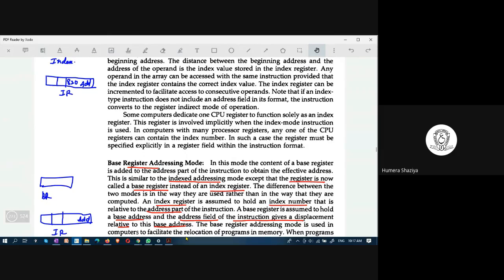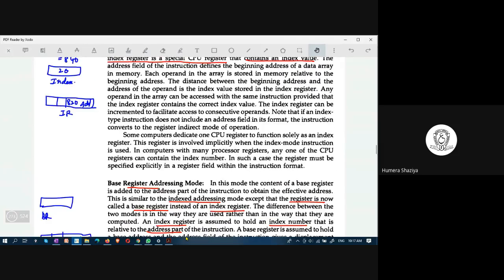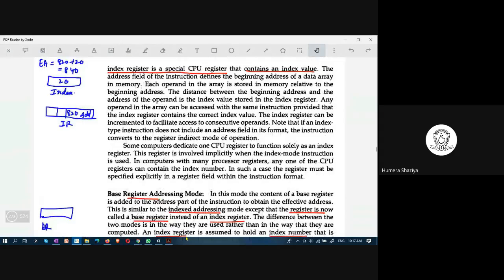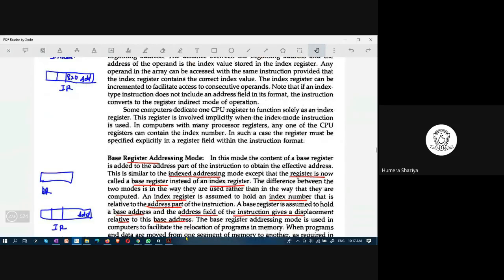Okay. In the index case, the instruction register has 820 and the index register has 20. Both are added up to obtain the effective address. In the base register case, the way in which addresses are stored is reversed.